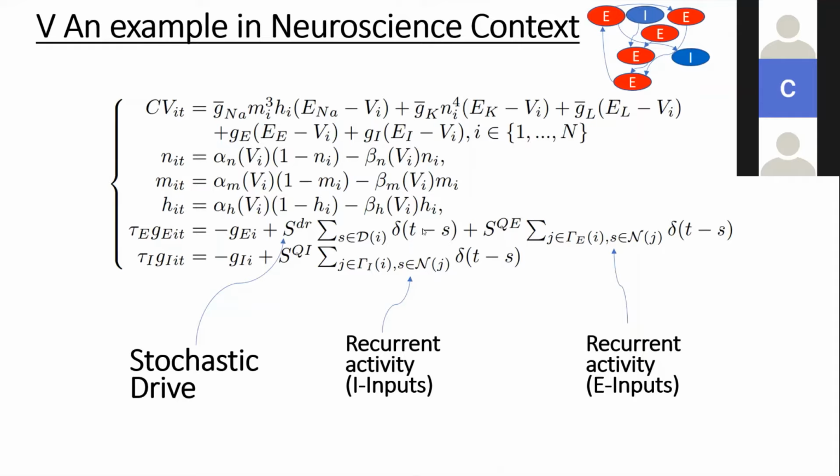The average time between two impulses is given by a parameter. And then there is the input from the network: when a neuron crosses a threshold, it will induce kicks in all its postsynaptic neurons, meaning all the neurons with which it connects.